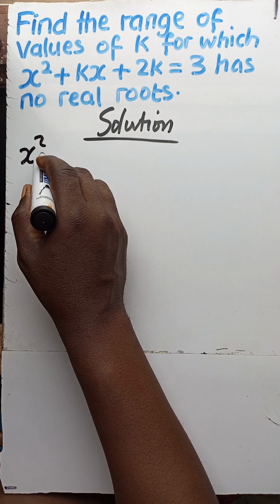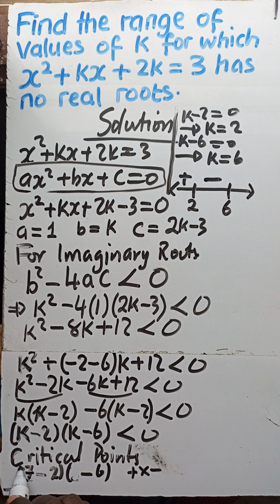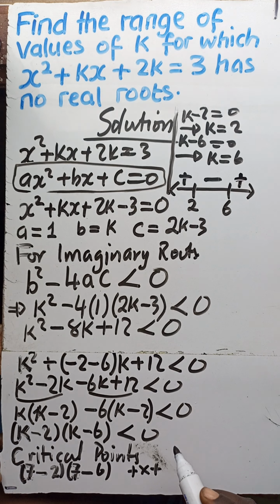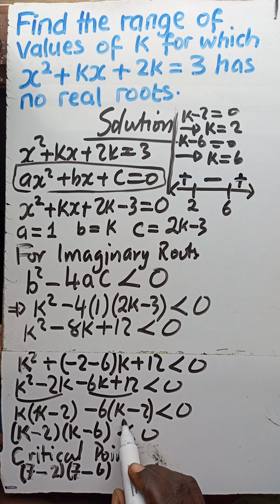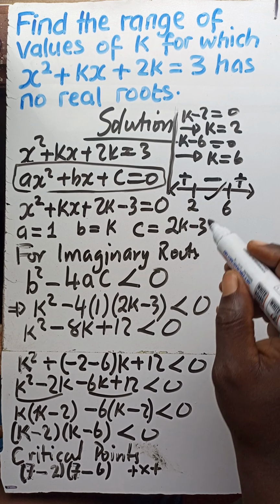The value there could be 7, any value after 6. 7 minus 2 is positive. 7 minus 6 is positive. Positive times positive, positive. Now, we're interested in the result that is negative. Less than 0 means negative. So where do we have negative in our analysis? We have negative in this zone.